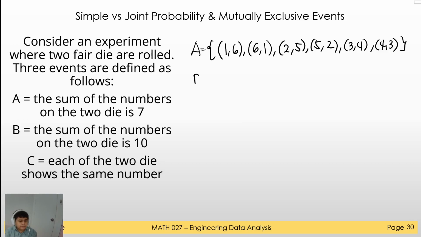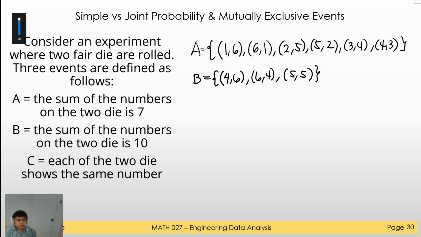For event B, the sum should be 10. The lowest possible first pair is 4 and 6, and alternatively 6 and 4, or even 5 and 5. We cannot swap 5 and 5, since they are the same for the two dice.